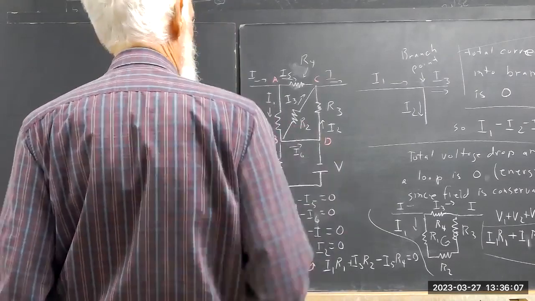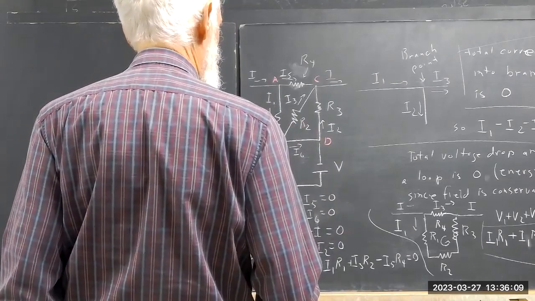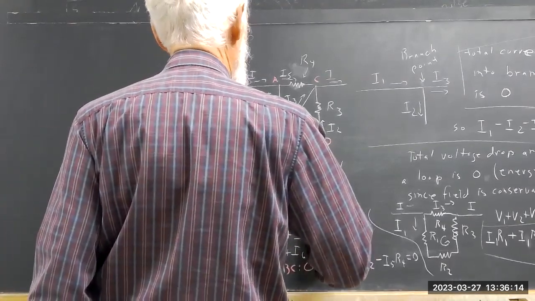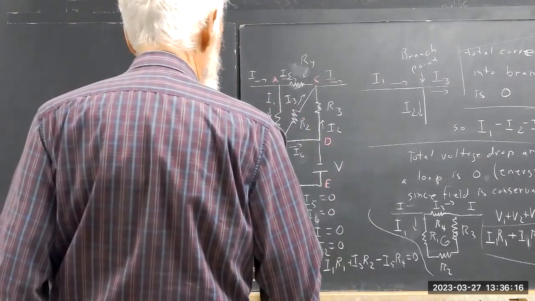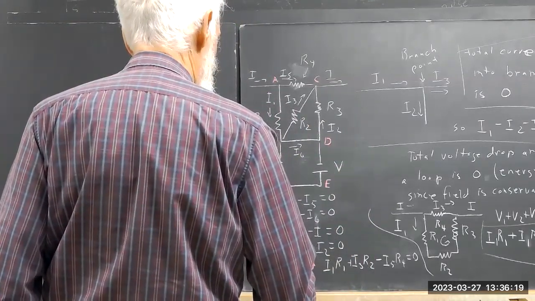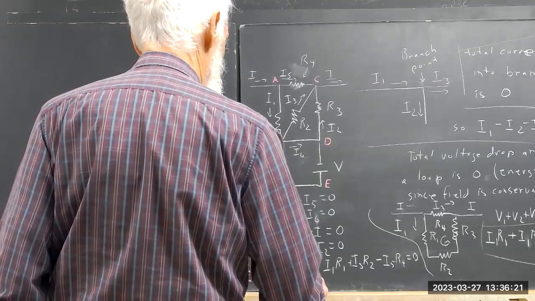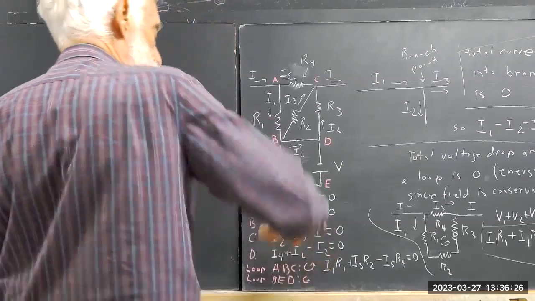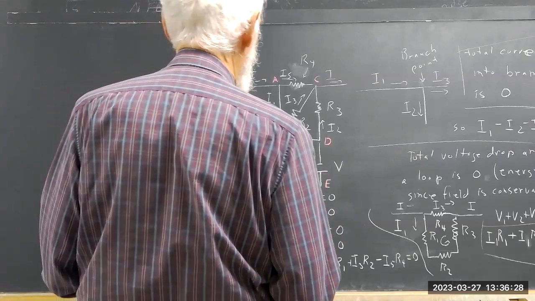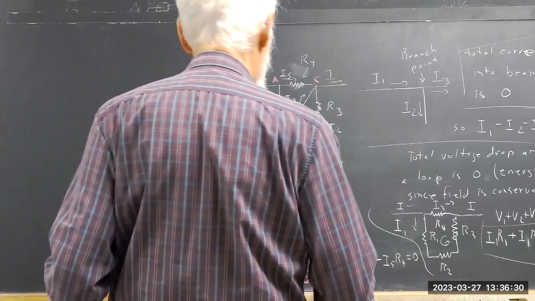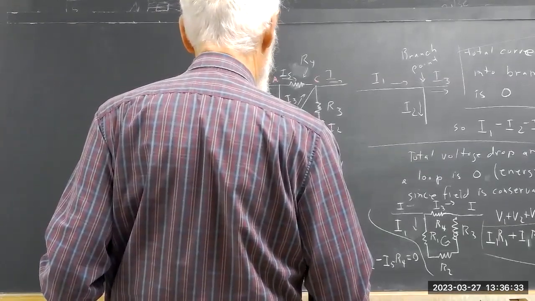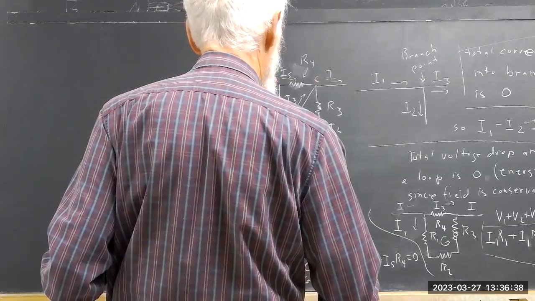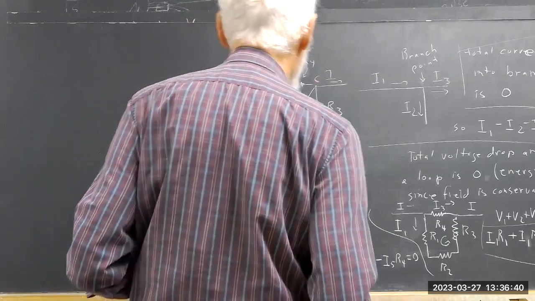I'm going to do this loop here. So we'll have a point B, just like it's a loop VDD. Again, counterclockwise. So I have I4 R5.